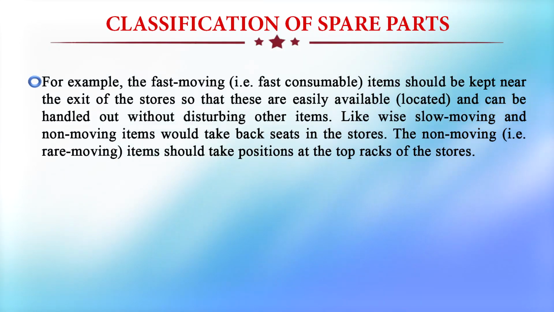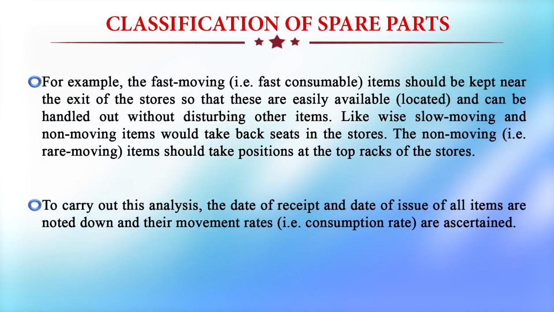For example, the fast moving and fast consumable items should be kept near the exit of the stores, so that these are easily located and can be handed out without disturbing other items. Likewise, slow moving items and non moving items would take back seats in the stores. The non moving, rarely moving items should take position at the top racks of the stores.